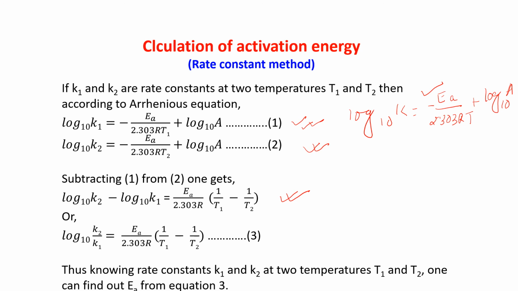Or log10 K2 by K1 is equal to Ea by 2.303 R times 1 by T1 minus 1 by T2. Thus, knowing the rate constants K1 and K2 at two temperatures T1 and T2, you can find out Ea, the energy of activation, from equation 3. Am I clear to you?